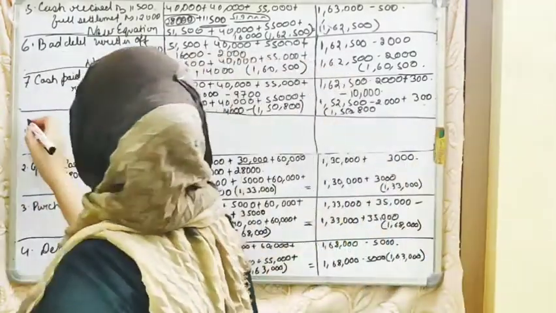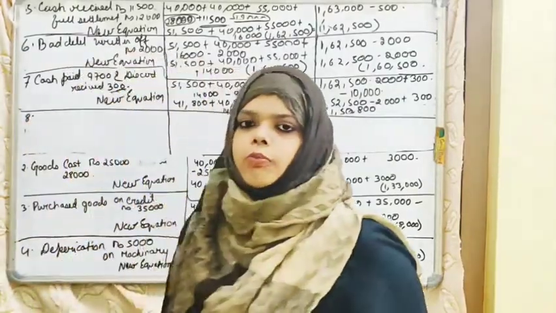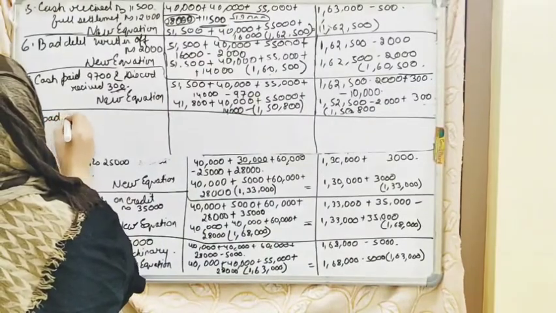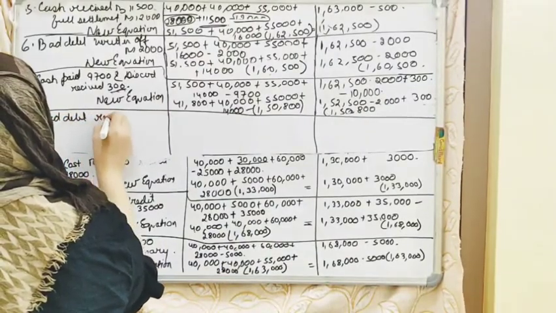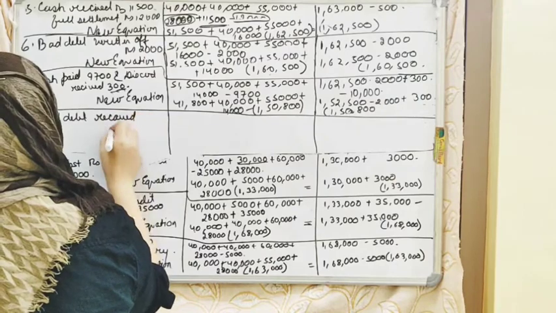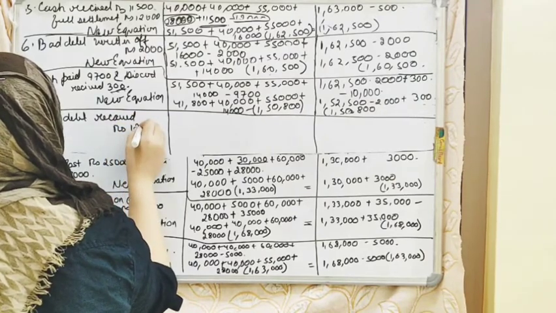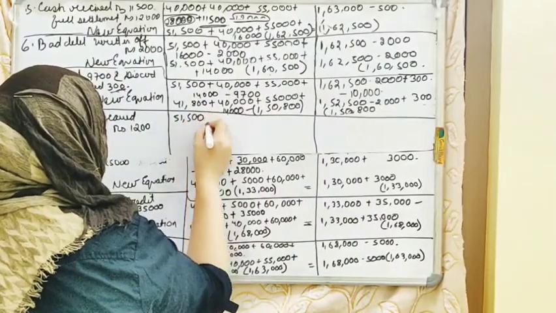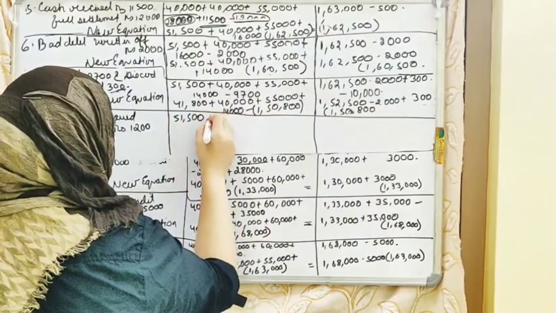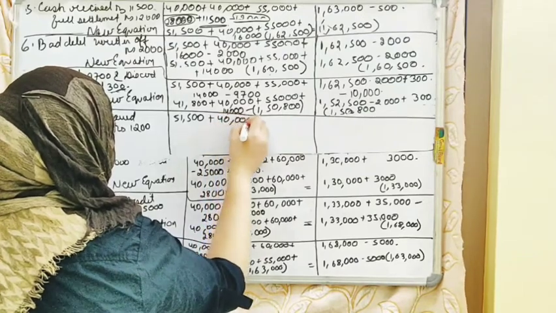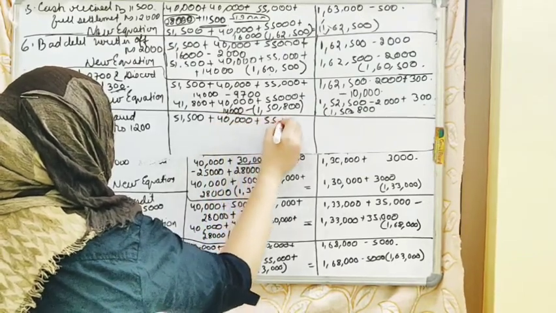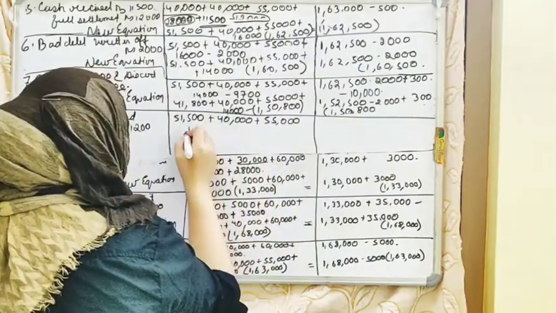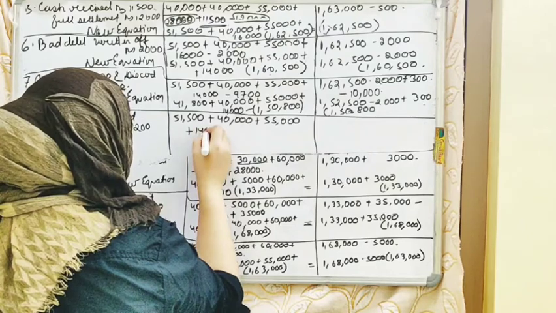That is the 8th transaction, that is bad debt recovered rupees 1,200. It will represent the amount 51,500 plus 40,000 plus 55,000 plus 14,000.